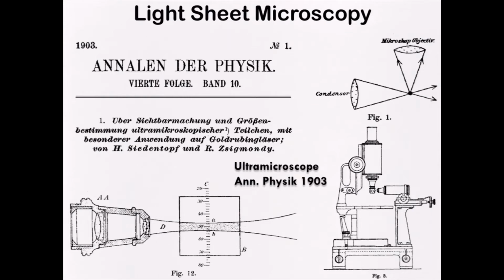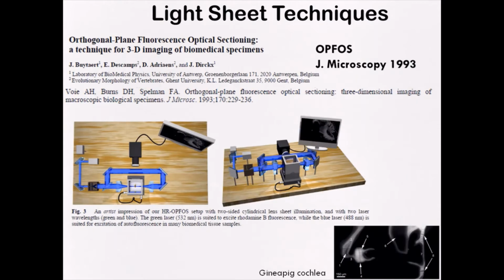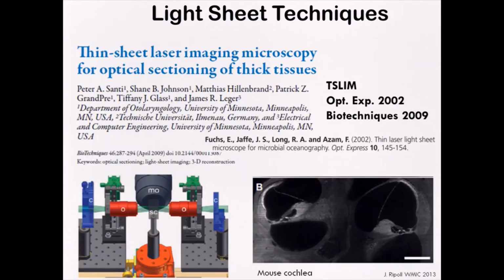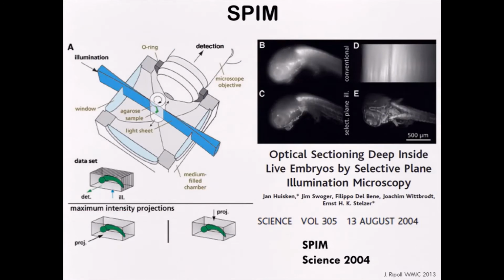It wasn't until 1993 that we see a paper really using this technique, called OPFOS then. It didn't catch on, unfortunately, and then we start seeing something similar called TSLM in 2002 to 2009. But it's not until 2004 that the group of Stelzer publishes the Science paper, using exactly the same idea as that original paper in ultramicroscopy.